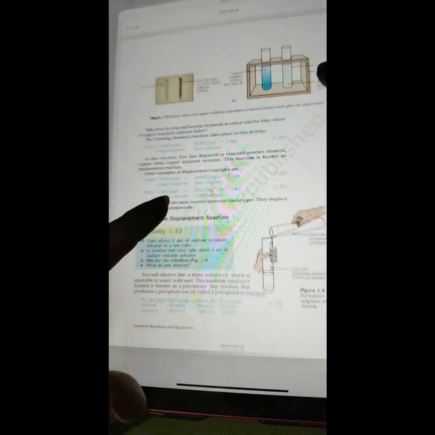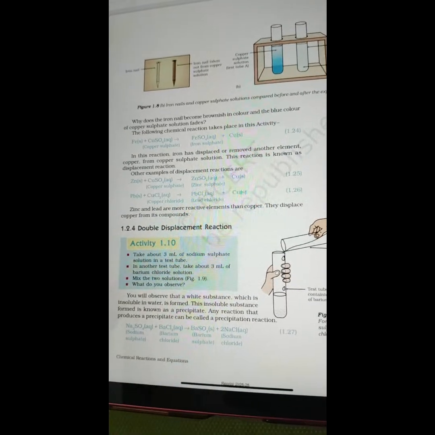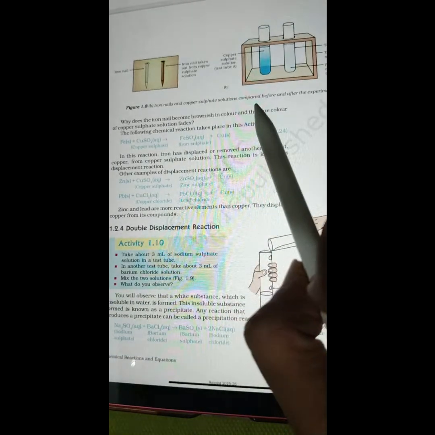Next page, please. Let me adjust the window. I hope it is clear and the text is seen. So in 1.8b, iron nails and the copper sulfate solutions compared before and after the experiments are being shown.